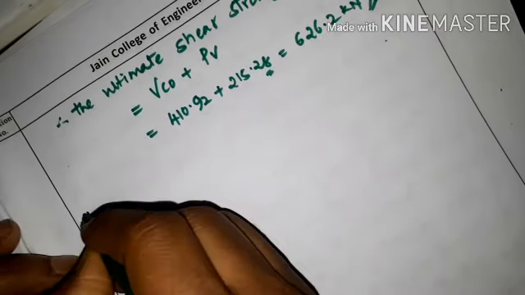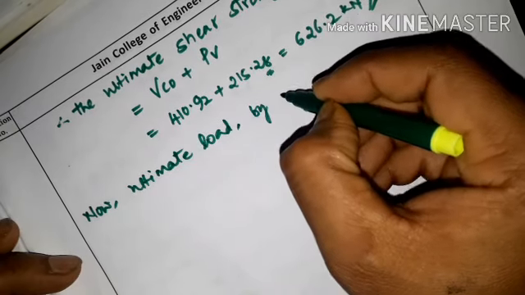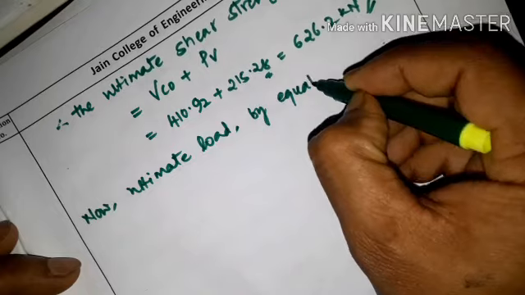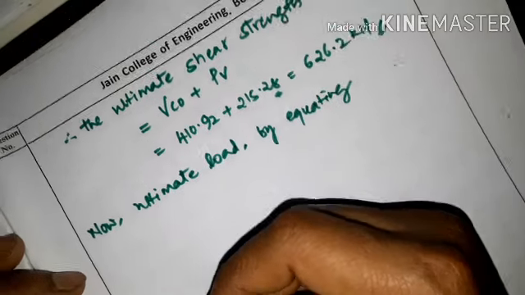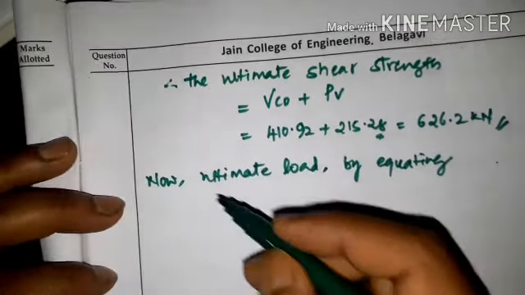Now, the ultimate load, by equating shear force equal to V. Shear force is nothing but, we have a beam with a UDL.